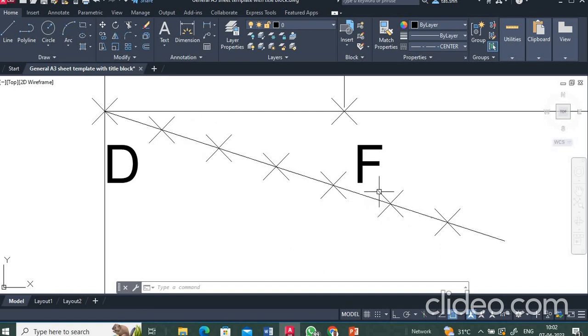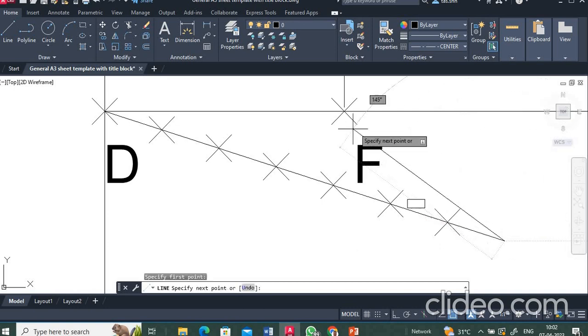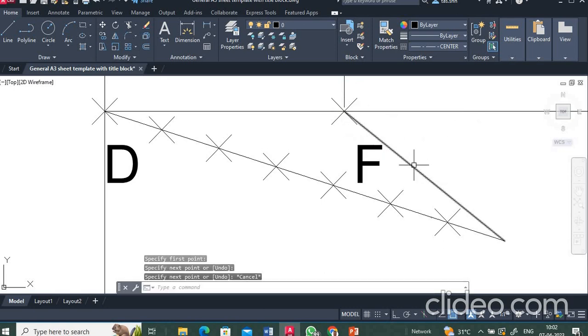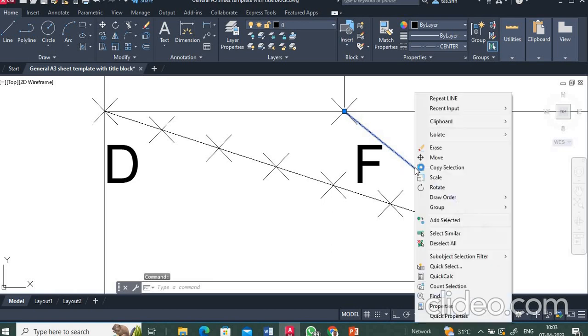7 equal divisions now. Now join the last division with F. Now draw a parallel line to this line from all these points, using the scale and set square method, or you can use a drafter or mini drafter.